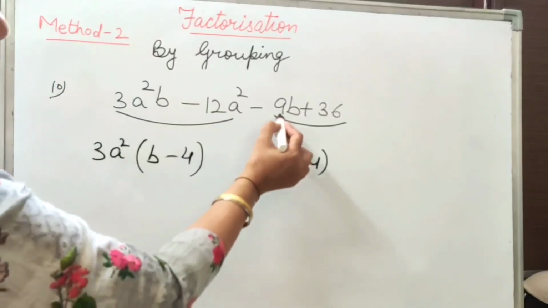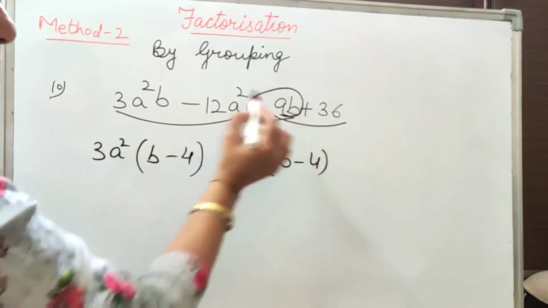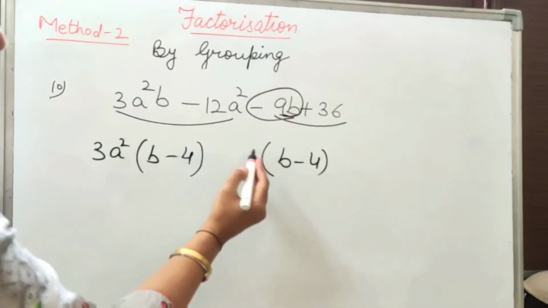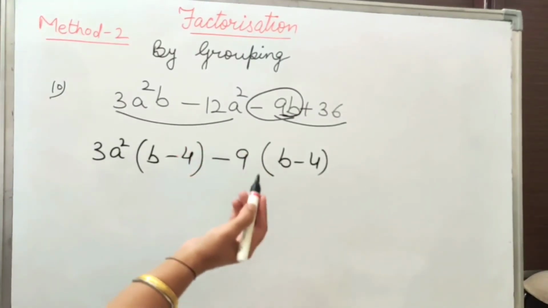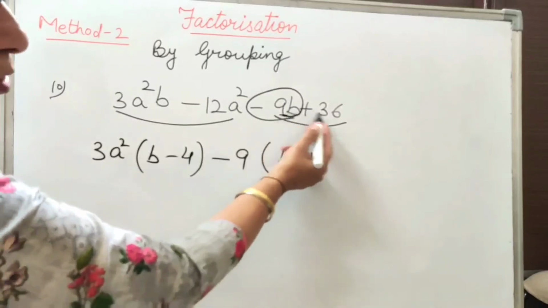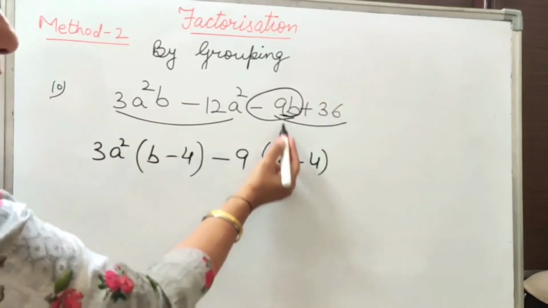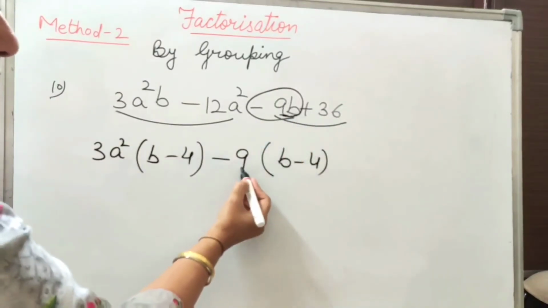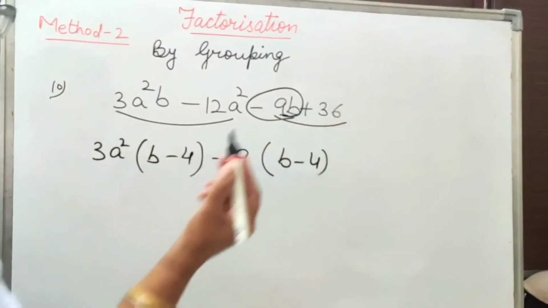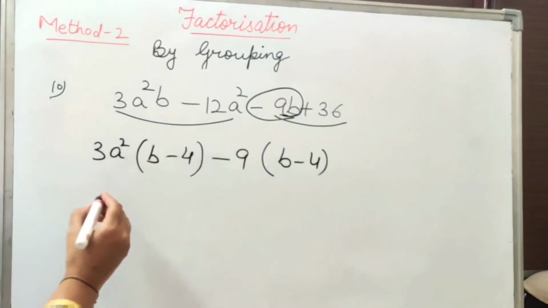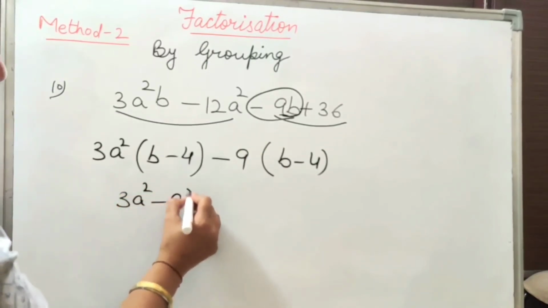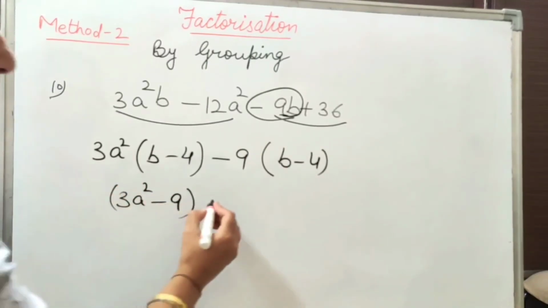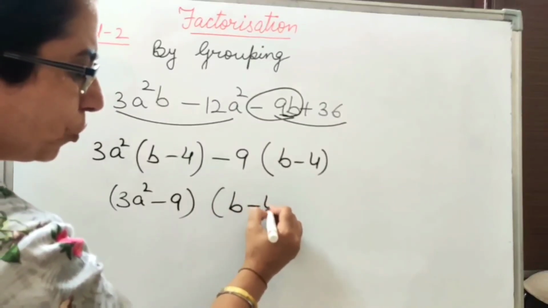Then I will check the third term. The third term is minus 9b, and b is already there, so I am taking minus 9 as common, so that when I get the product it must be equal to this. Minus 9 into b is minus 9b, minus 9 into minus 4 is plus 36. So this is correct. That is why now we have 3a square minus 9 in one bracket and one common quotient.